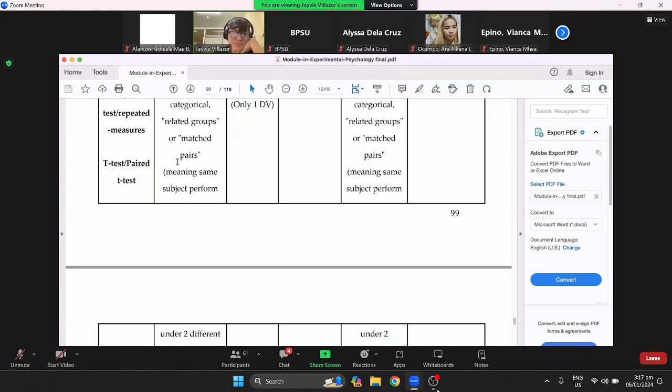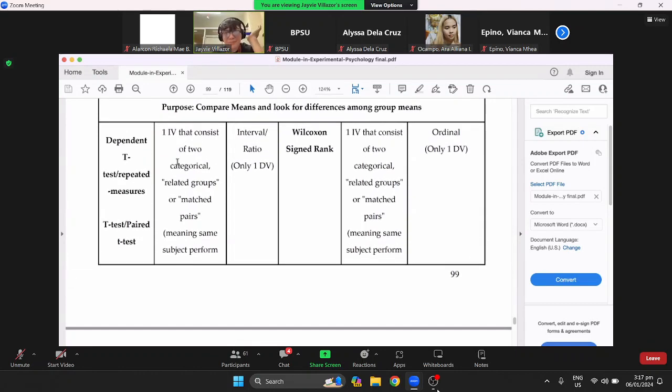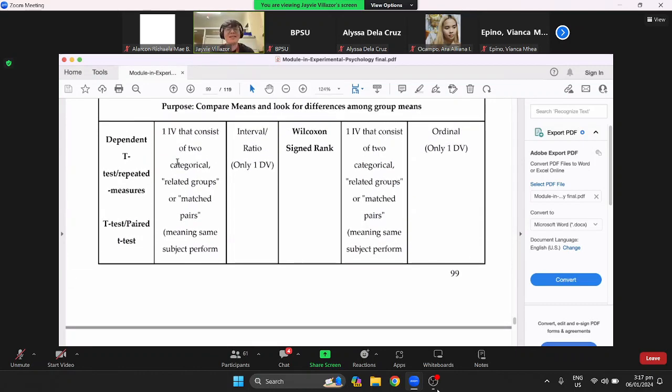Pwede rin ganito. Ang study natin, ano ang mas masarap na drink? Yung drink ba ng Ginny o yung drink ng Starbucks? Can you follow? Pero ang participant nyo, iinom both ng Starbucks, iinom din siya ng drinks from Ginny. At yung participant nyo, isa lang. Isang grupo lang.